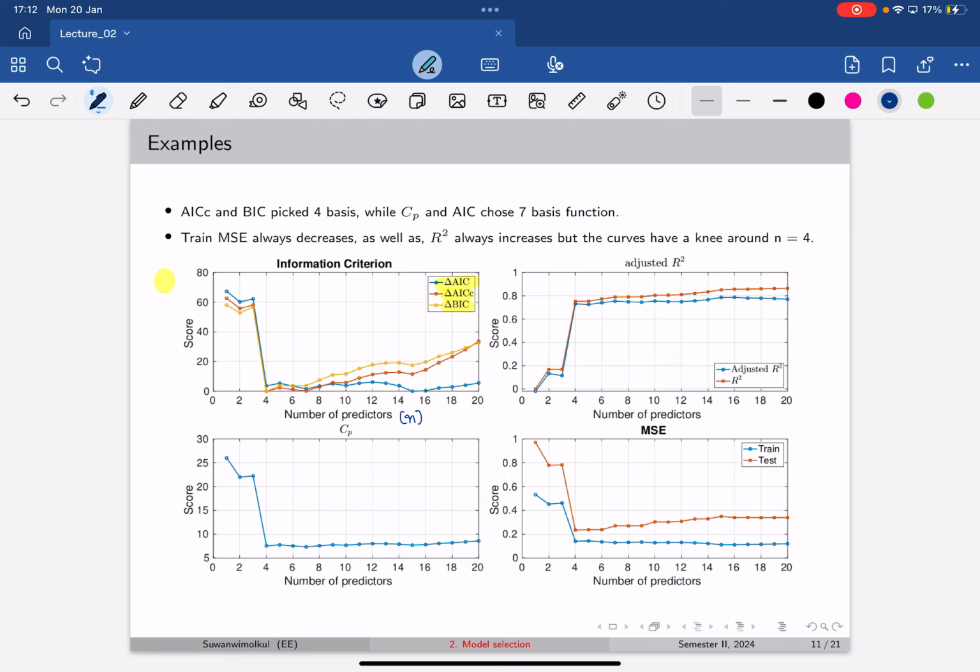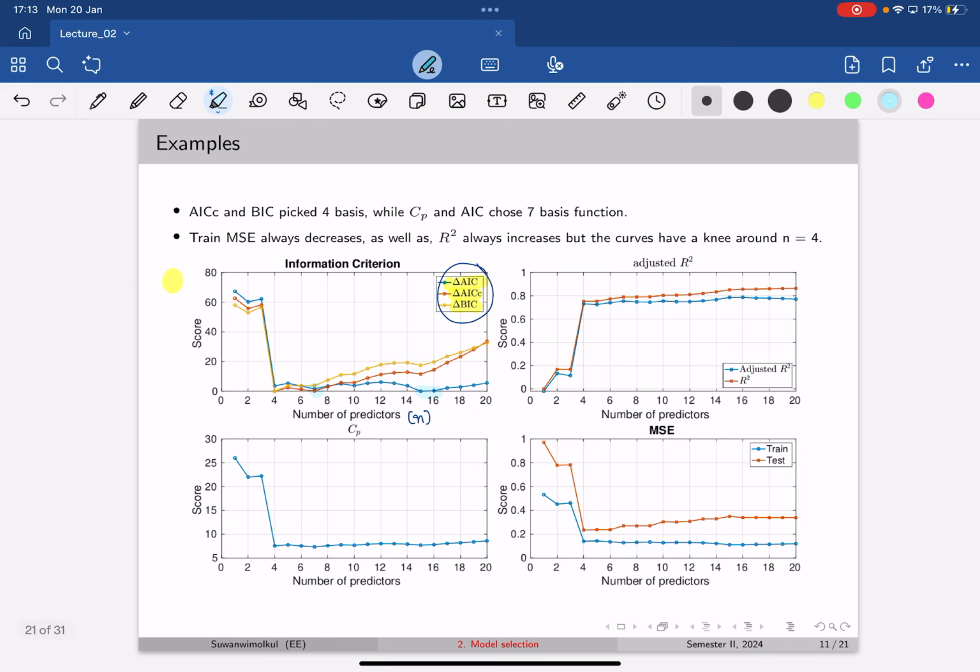And as you can see, AIC, BIC, AICc are usually shown together because they are based on the same loss function. Another thing you can notice is that sometimes, like AICc here, they give you maybe multiple choices.